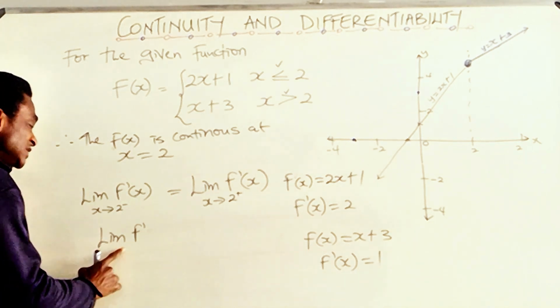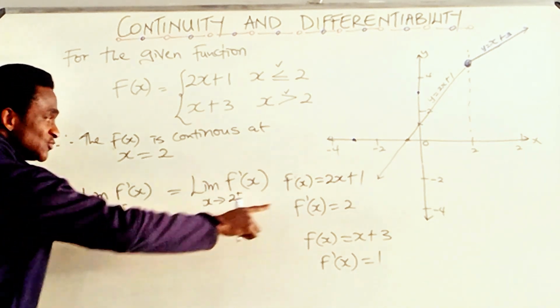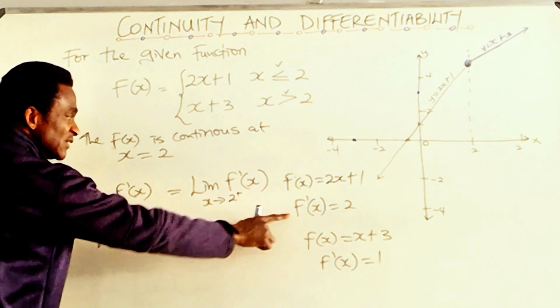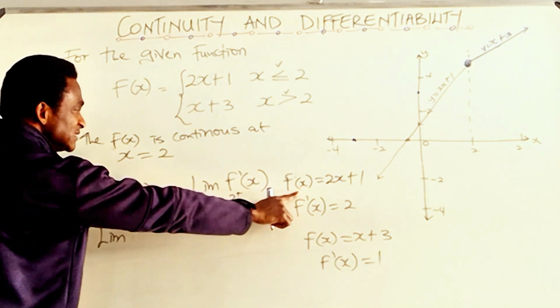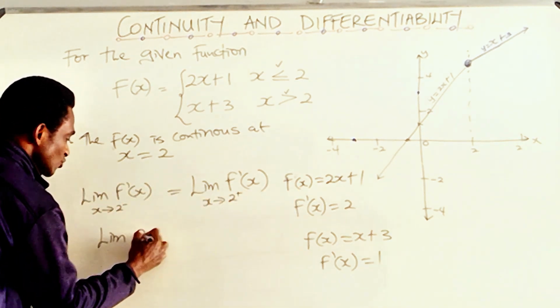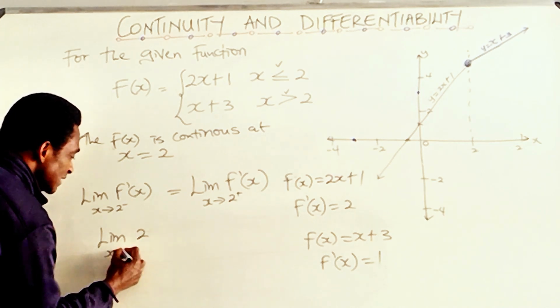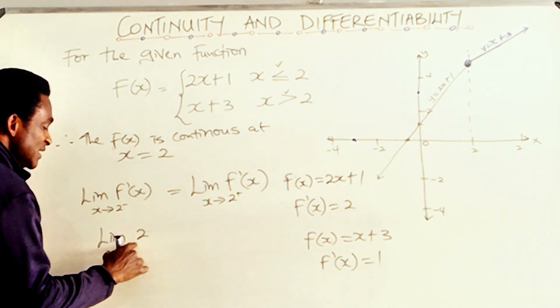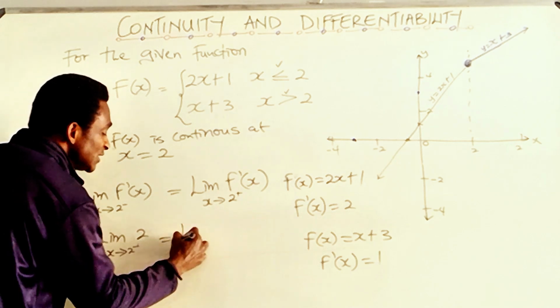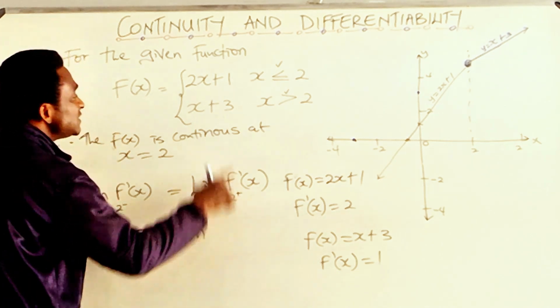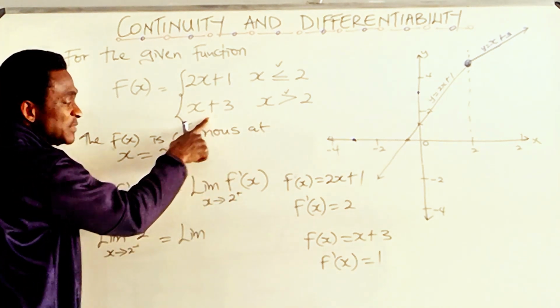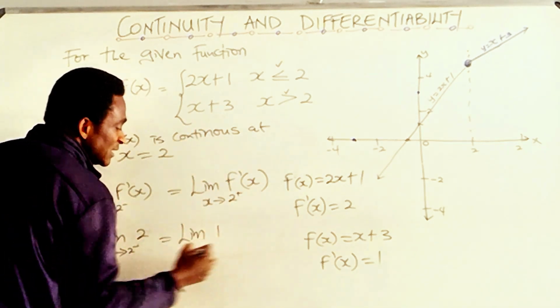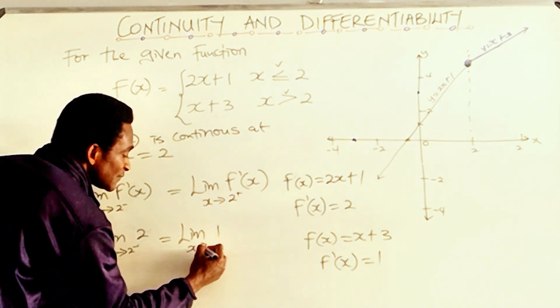So we have the limit of the first derivative as it tends to 2. The limit of the first derivative as it tends to 2 from the negative is 2. So the limit of 2 as x tends to 2 from the negative, is it equal to the limit of the first derivative as it tends to 2 from the positive, which is the limit of 1?